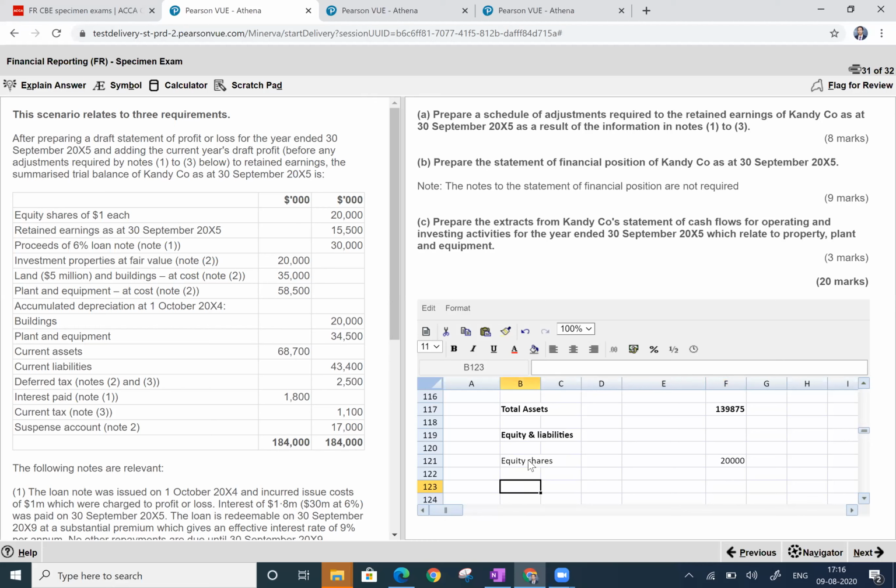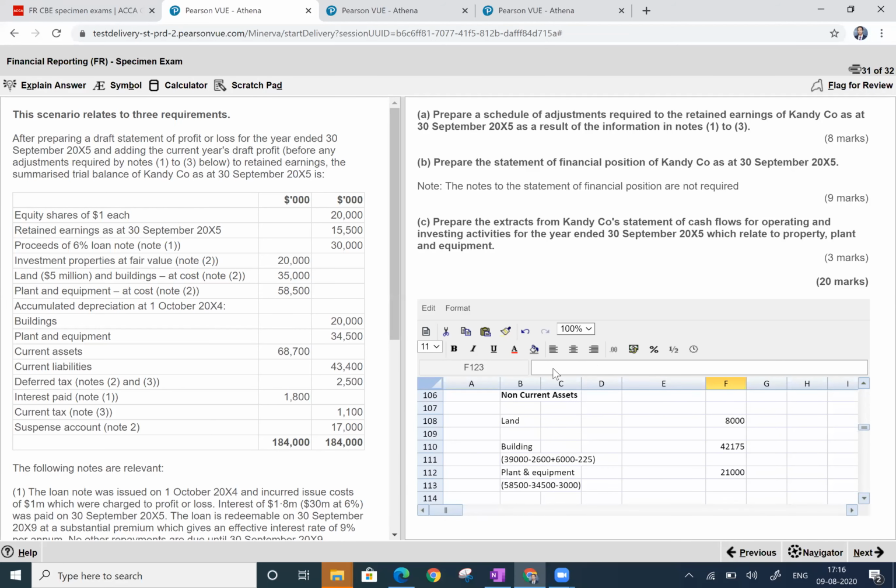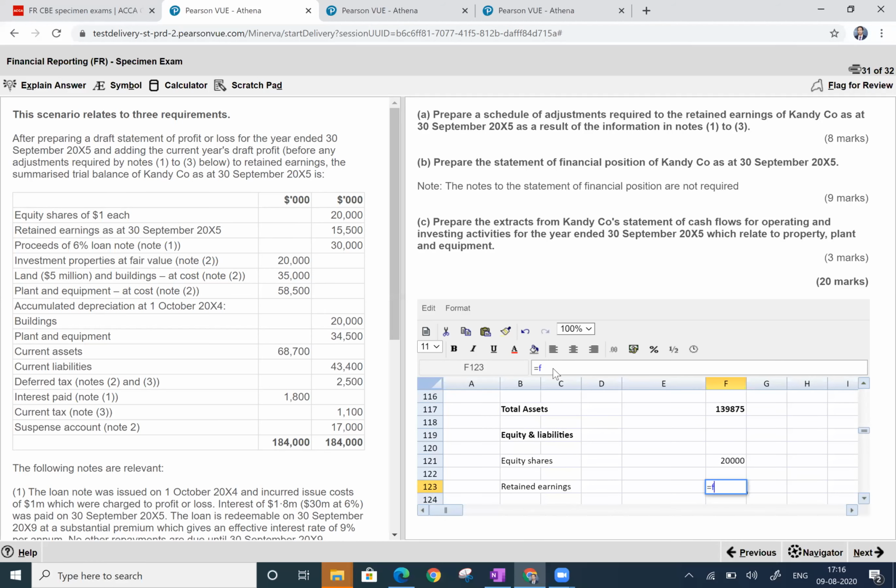Next, retained earnings. You have calculated the adjusted retained earnings. In your examination, let it be there. Any spelling mistake, no need to correct. So adjusted retained earnings, F100, as per my Excel sheet.